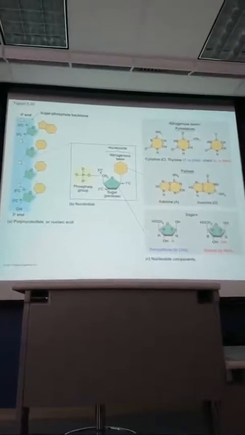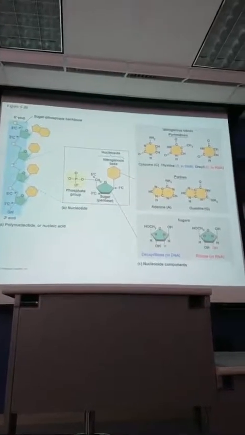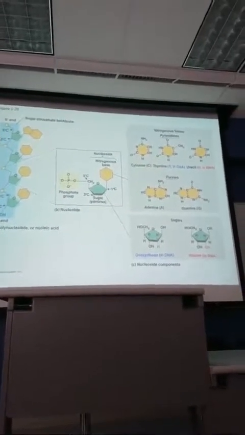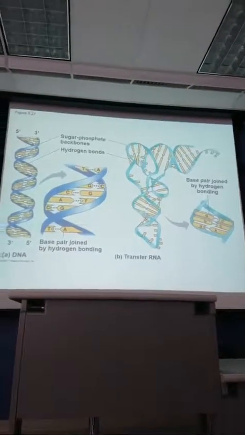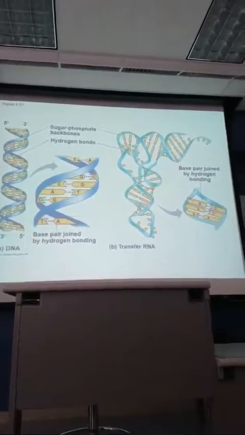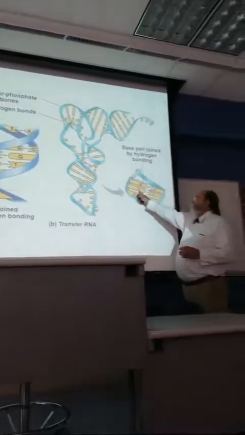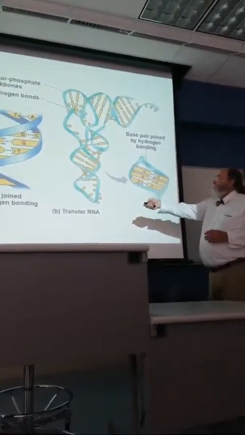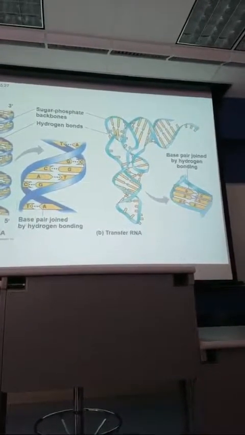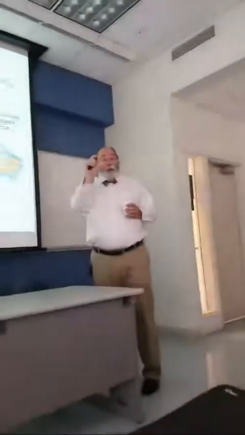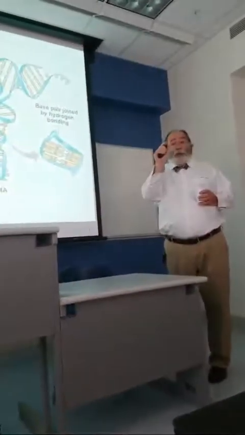Here is the importance of that. These represent those bases that we just looked at. Pyrimidines that have only one ring will be smaller than the purines that have two rings.